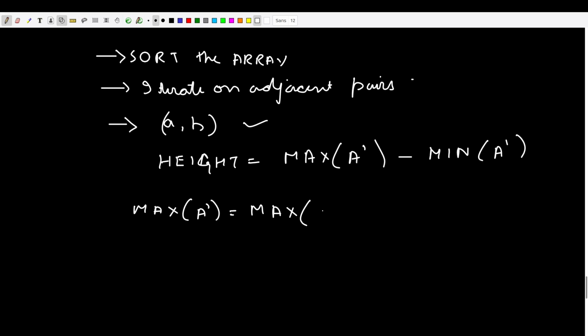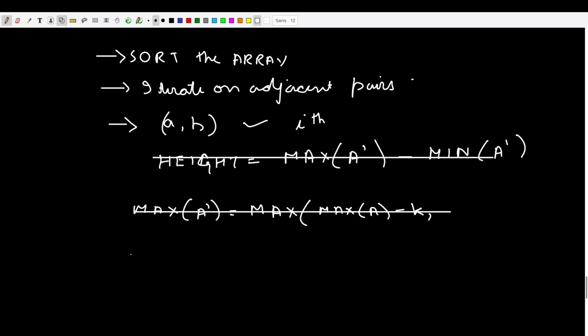Okay. So the max is basically here, remember, max of array A, right, minus K, comma, see this, let's say this is pair A comma B and we are at the ith position. Rather than using A prime and all those things, I can just write it down as HT, right?